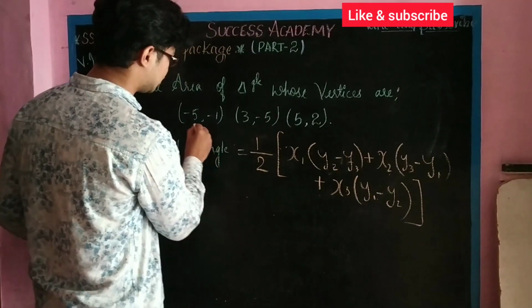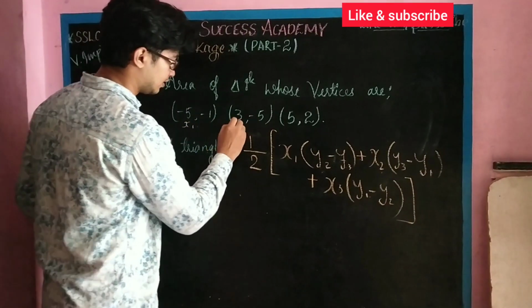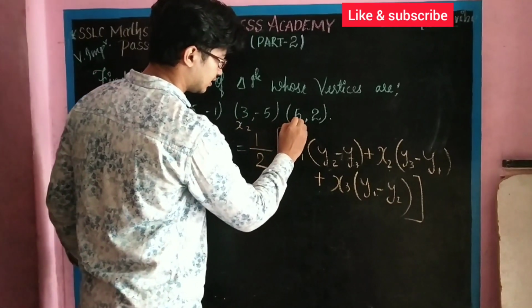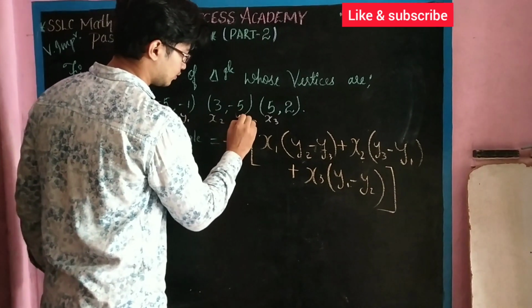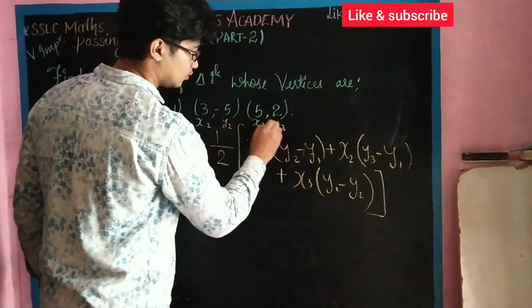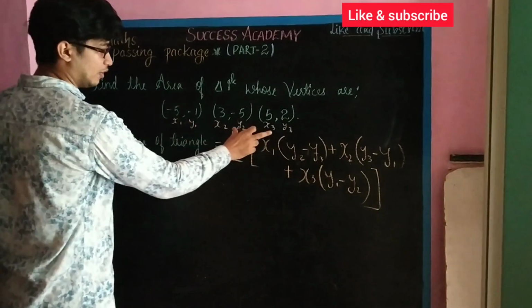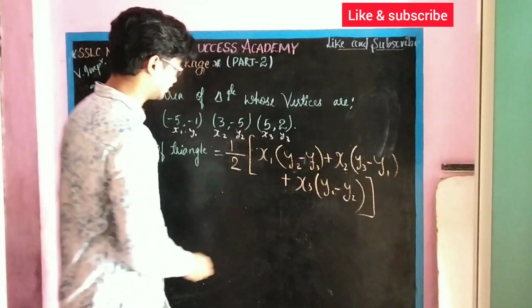Before that, let us label x1, x2, x3, y1, y2 and y3. These are the values you have to substitute in the formula friends.